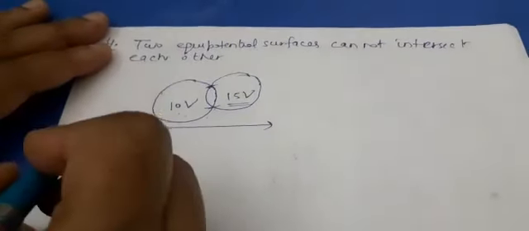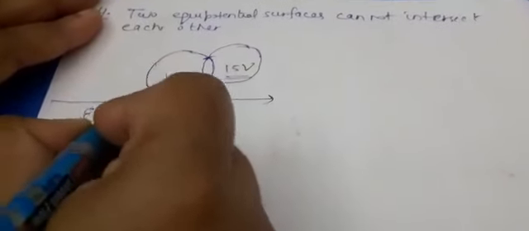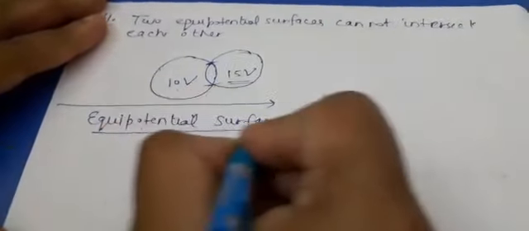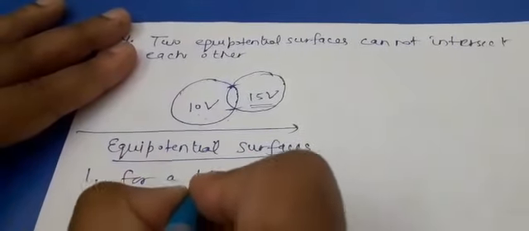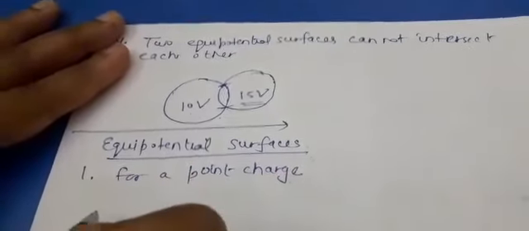Now we will study how to draw equipotential surfaces for different cases. So we will take them one by one. First of all, we are taking a point charge.